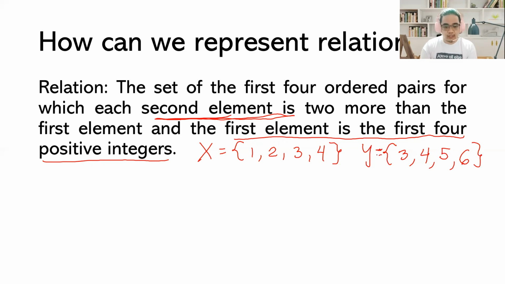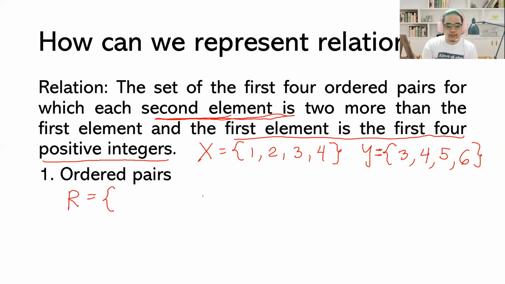Now that we have the domain and range for our relation, we can rewrite it. How do we rewrite it? The first way is by writing it as ordered pairs. Let's call the set R, and then you just list all the ordered pairs.